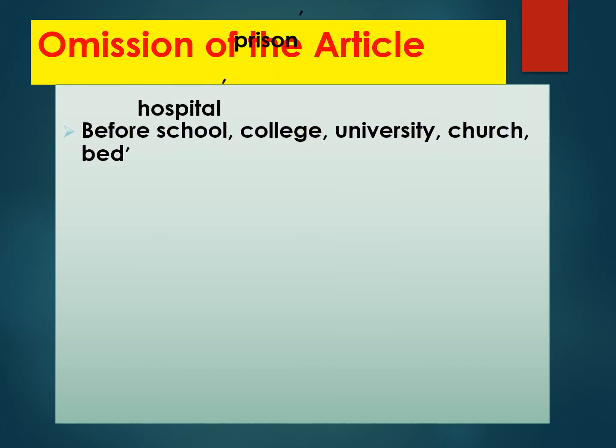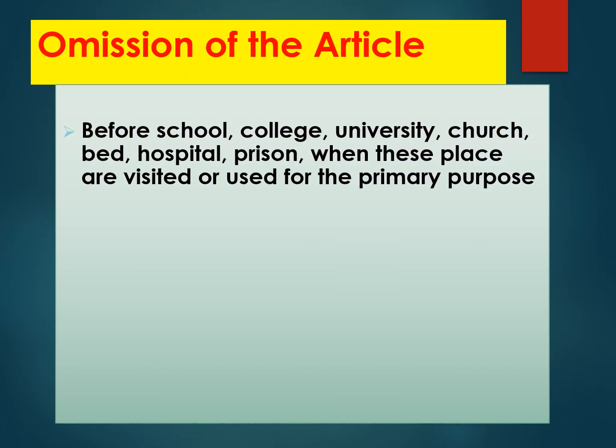Article is omitted before school, college, university, church, bed, hospital, prison, when these places are visited or used for the primary purpose. Students, we have to remember the most important point.